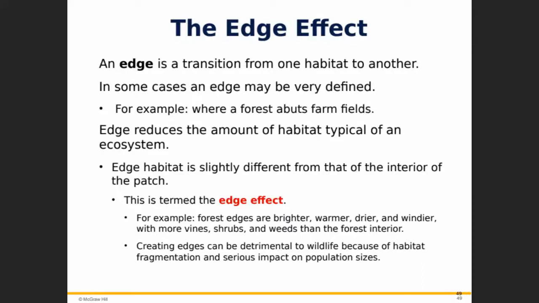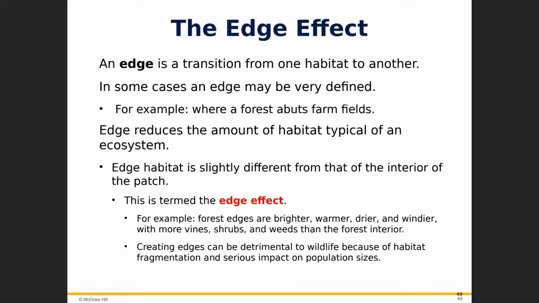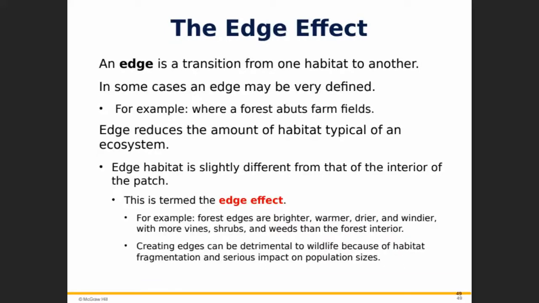The edge reduces the amount of typical habitat of an ecosystem, because each edge habitat is slightly different from that of the interior of the patch, which determines the edge effect.